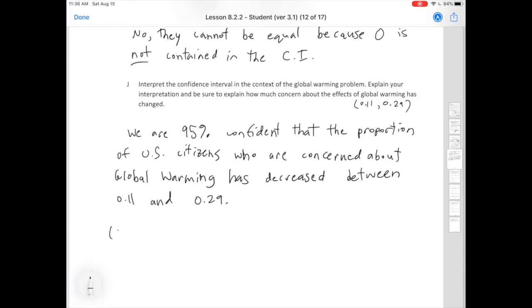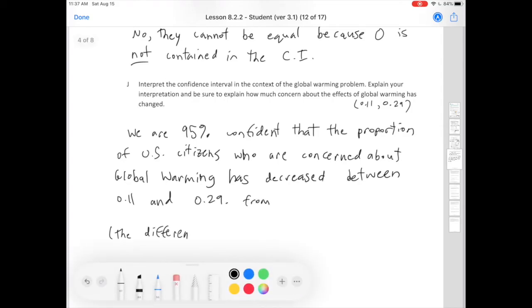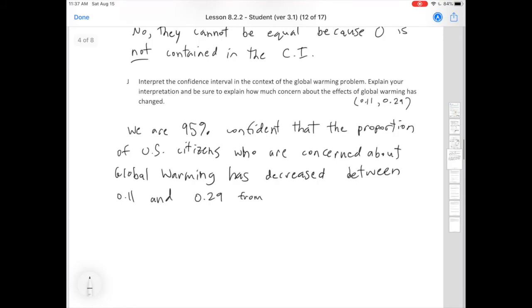Or another way you could say it is the difference has decreased, let me write the sentence, from 1 year to the next. Okay, so what we're saying is that it has decreased between 0.11 and 0.29 from one year to the next.